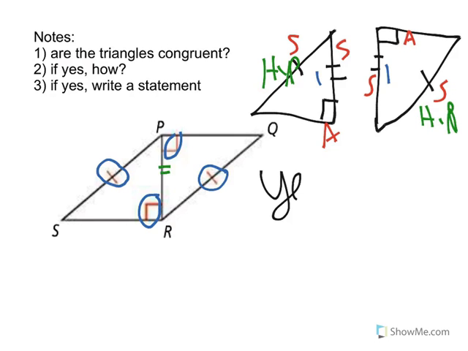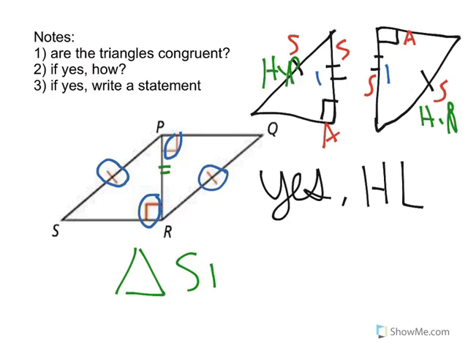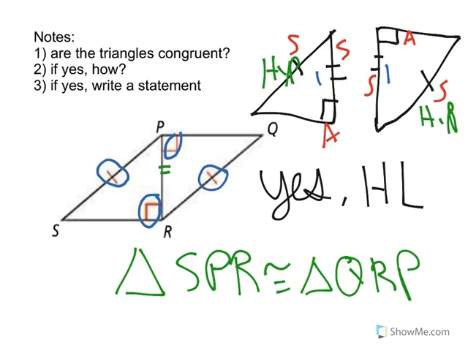So yes, these are congruent by H, L. And our statement would be something like triangle SPR is congruent to triangle. So SPR, I went through a single and then through a double. So it would be QRP.